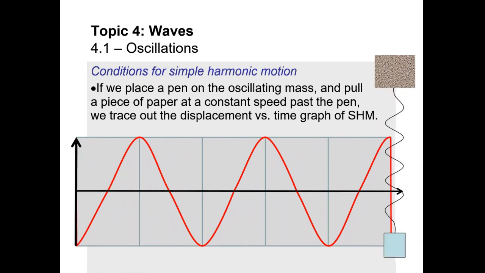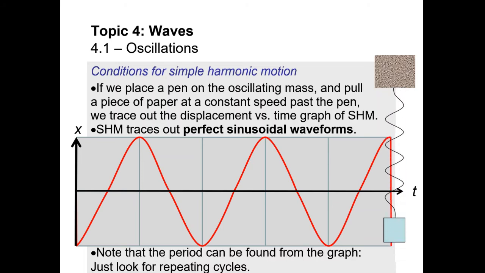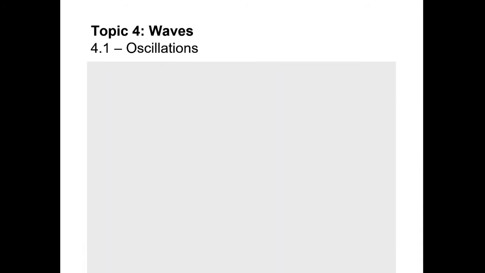And we have a displacement-time graph. A simple harmonic motion traces out a perfect sinusoidal waveform. It can be a sine, it can be a cosine. In our particular case, it's cosine. The period can be found from the graph here, from trough to trough, or from here to here.